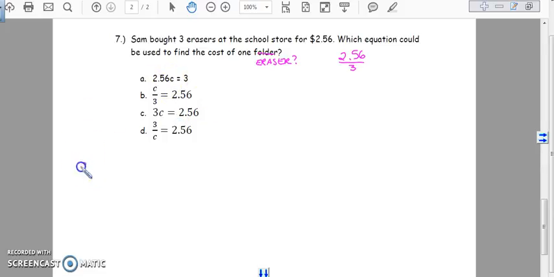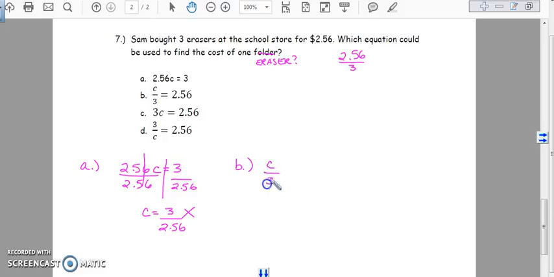So let's start with A. That's $2.56 C equals 3. This is multiplication, so I divide by $2.56 on both sides. So C equals 3 divided by $2.56. Does that match up here? Nope. Okay, B. C over 3 equals $2.56. This is division. How do I get rid of division? Multiply.